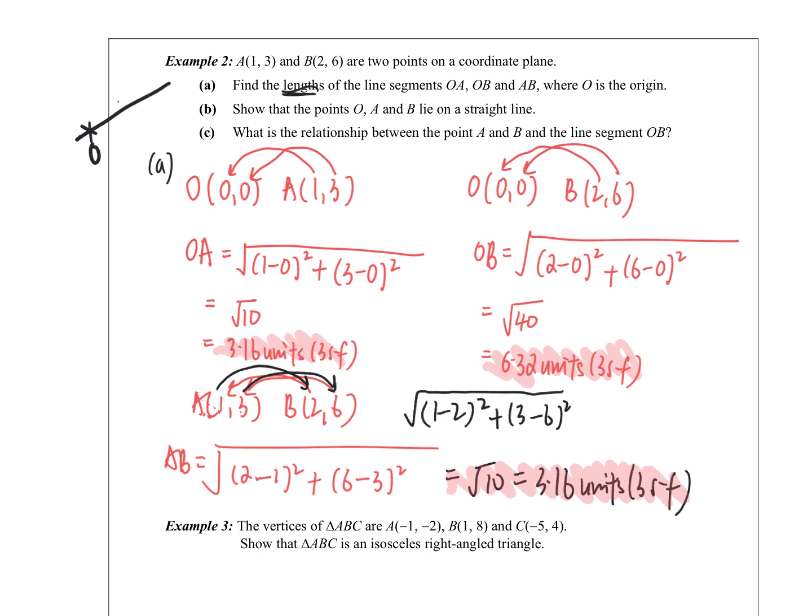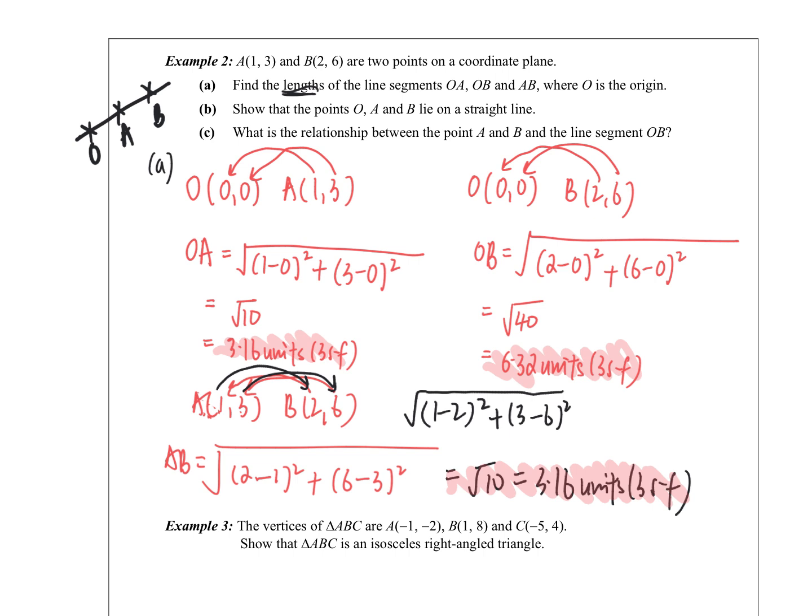Let's say this is O, this is A, this is B. If they are on the same line, this is how they look. But how do I show it? Even if they are of the same length, does it show me that they are on the same line?